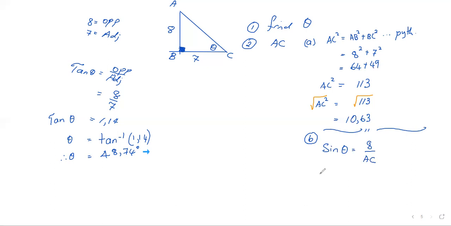Rearranging that, you multiply by AC on both sides, and AC will drop on that side. But I'm looking for AC. I'm not looking for sine of theta. So I'm going to divide.